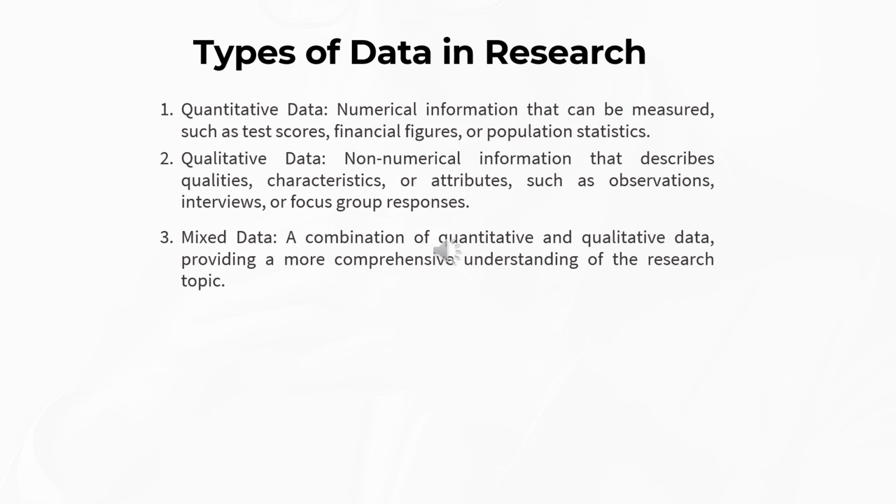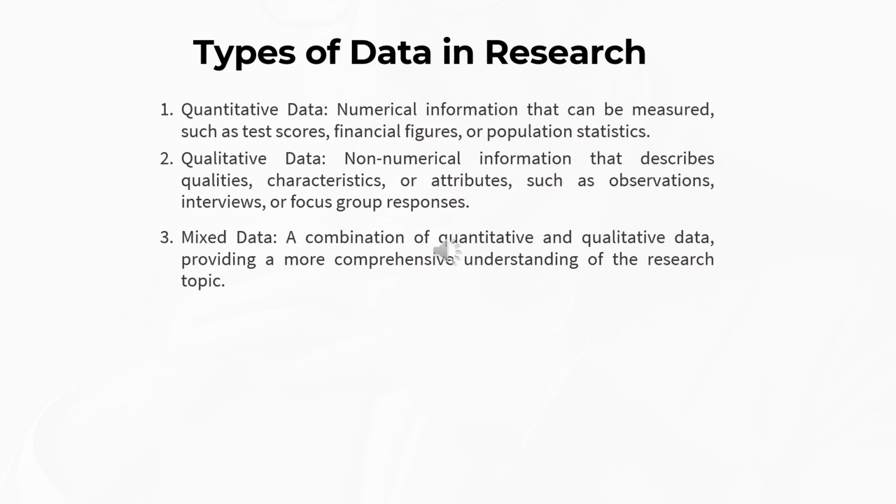Now, we will discuss the different types of data that researchers encounter. Understanding these types is crucial as it influences the method we use to collect, analyze, and interpret our data. The first is quantitative data. Our first category, this type of data consists of numerical information that can be measured.